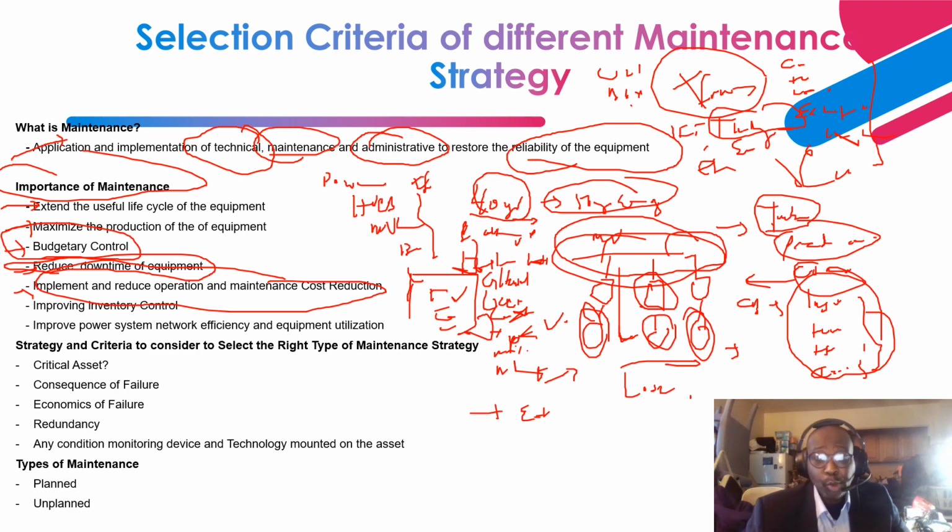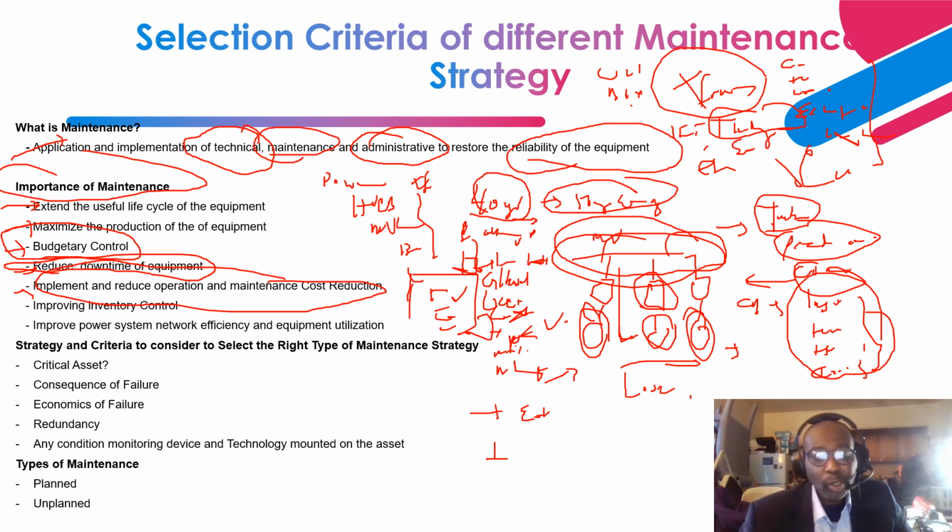So if you're able to do that, what are you doing? You're able to save costs, because when you take the transformer out of service, first of all, you wouldn't be able to provide reliable service to customers. For instance, if it is critical customers, you have to divert and feed the customers from another feeder, and you end up overloading another feeder, in addition to the cost of labor and the cost of materials.